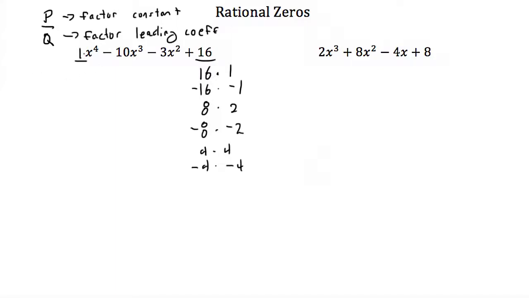So let's look at the factors of our leading coefficient. Well, that's just 1. So we can get 1 by multiplying 1 times 1, or negative 1 times negative 1.